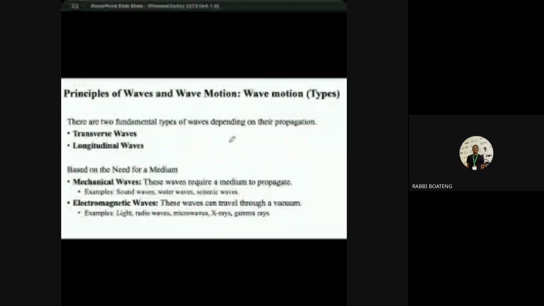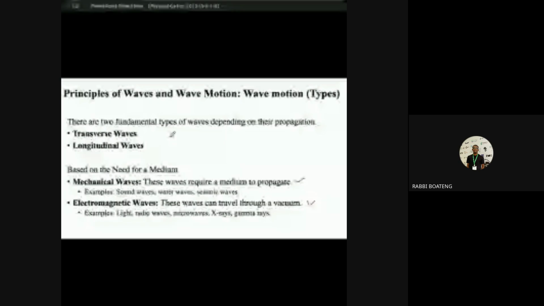Now, waves have common types. In fact, the type or category of waves depends on how you are defining it. Is that okay? If you're defining it based on medium, we have two, that is the mechanical and the electromagnetic.